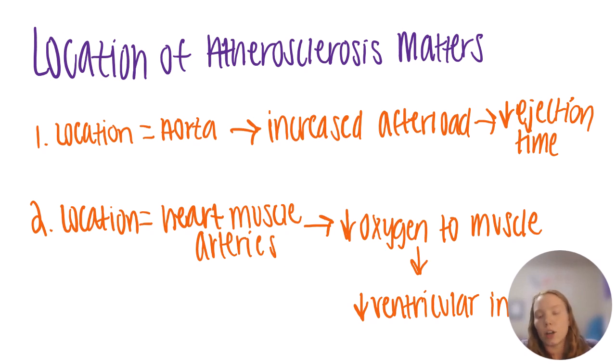As well as if atherosclerosis could also be within the heart muscle arteries. How is that going to affect it? Well, it's not going to so much affect the preload or the afterload portion, but it will affect how much the heart can actually contract itself. Because what does our heart need in order to contract? It needs oxygen. And what does blood carry? It carries oxygen.